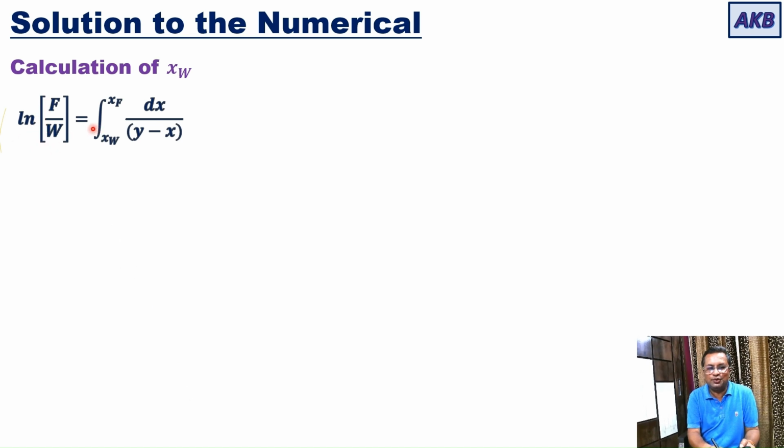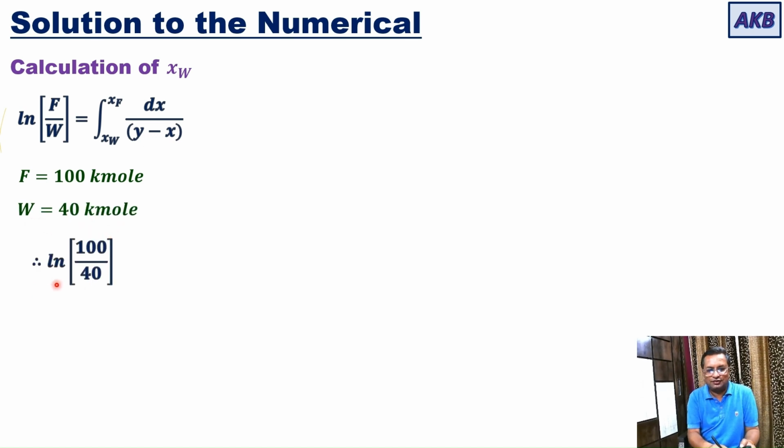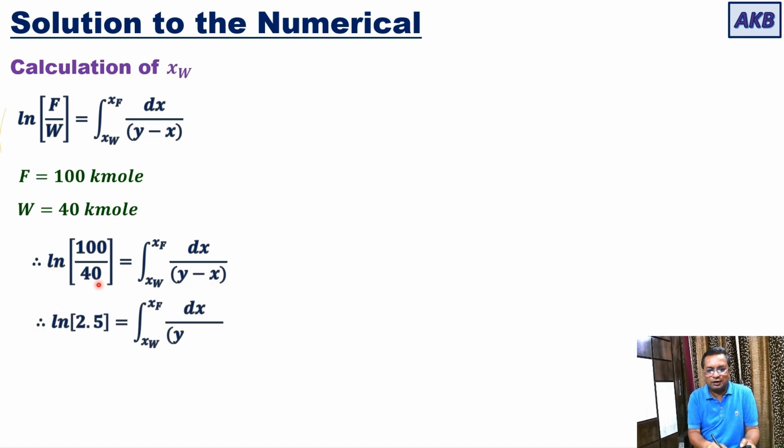ln of F by W is equal to the integration from XW to XF of dx upon y minus x. F is 100 kilomole, W is 40 kilomole. Therefore, you have ln of 100 by 40 is equal to the integration from XW to XF of dx upon y minus x. And 100 upon 40 is 2.5, so it would be ln of 2.5.